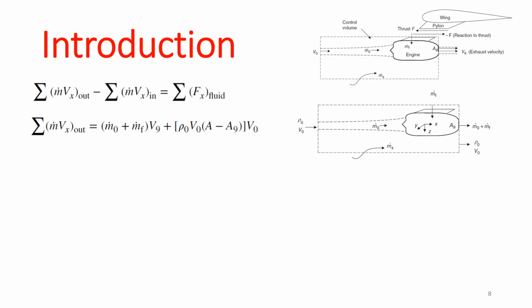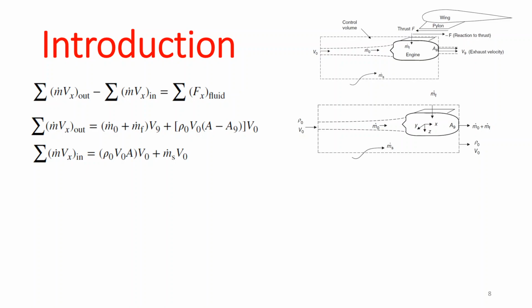So you can say this part is rho naught v naught A as the m dot part of it, multiplied by the velocity coming in. Is it clear? So what else is coming in? M dot s, that's correct. M dot s multiplied by v naught. So that's whatever is coming in.